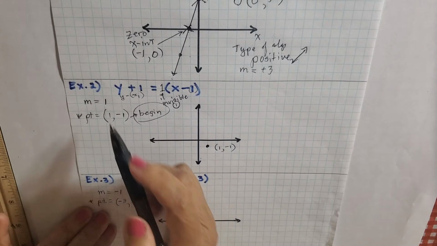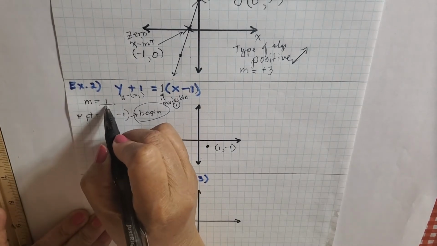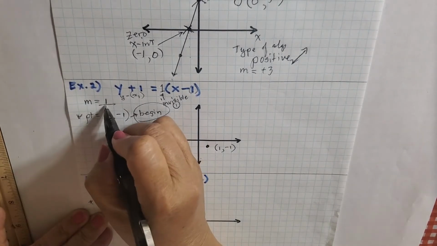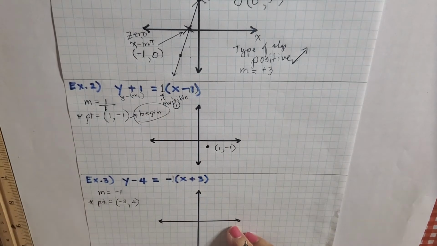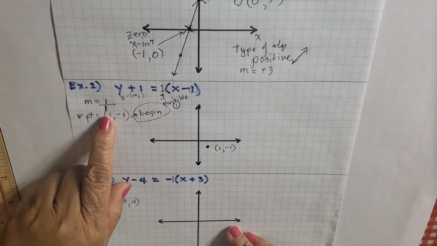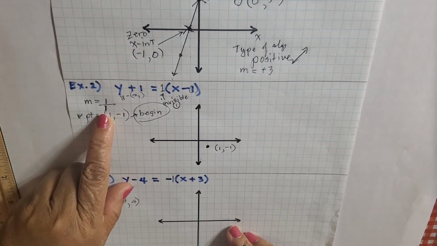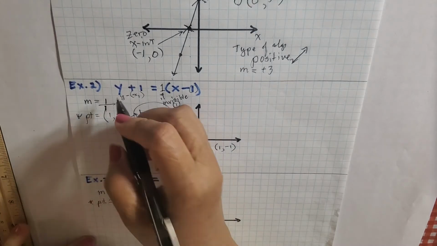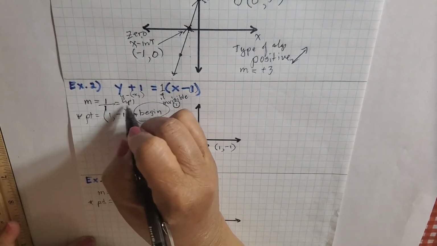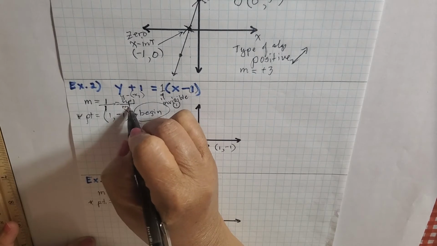My slope is 1. Make it a fraction. If you have a whole number, students, and you want to make it a fraction, the denominator is always 1. So therefore, I go up 1 and then to the right 1.